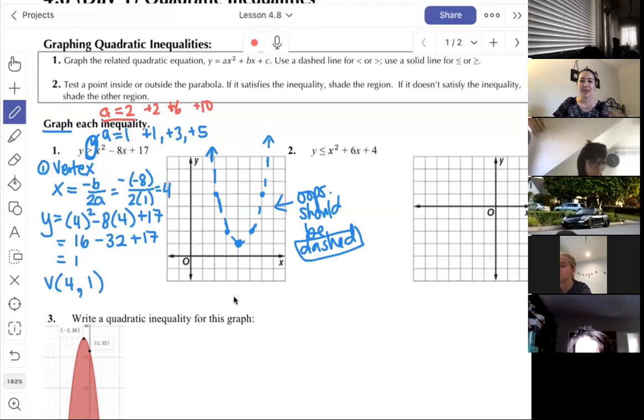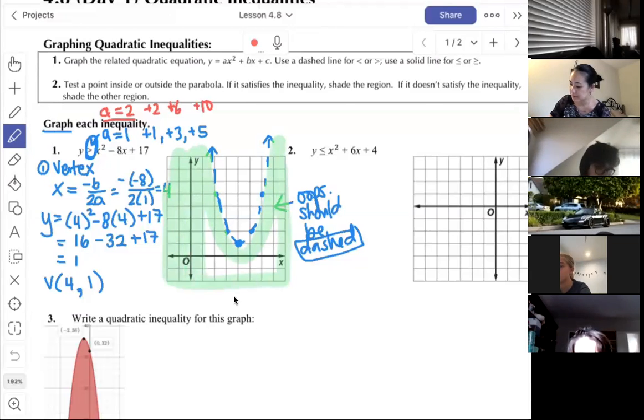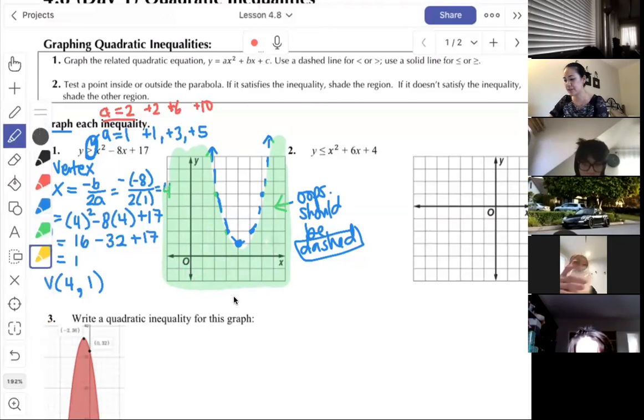All right. So now we have two possible regions and I'll shade both of them for now. This outside region of the parabola would be this part, and then the inside region of the parabola is this part.